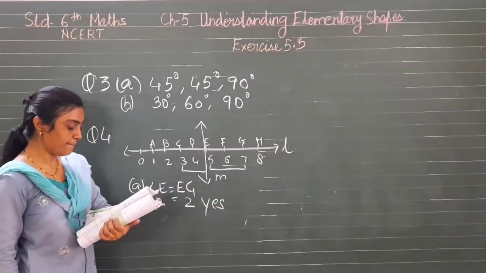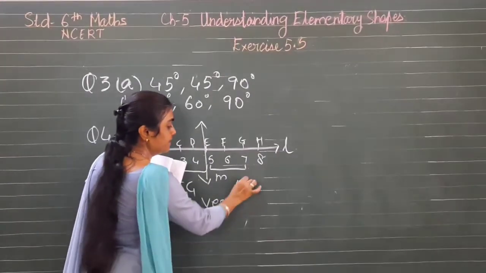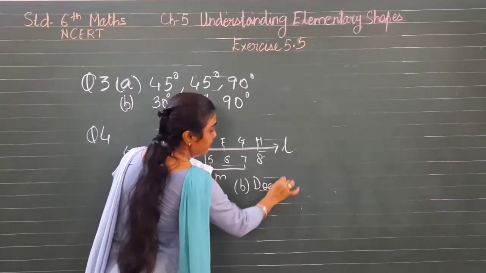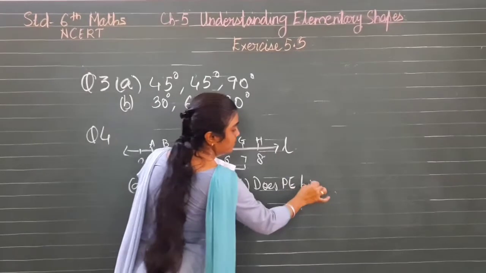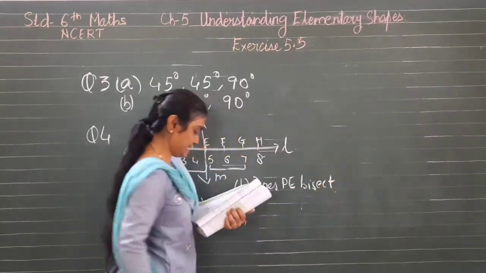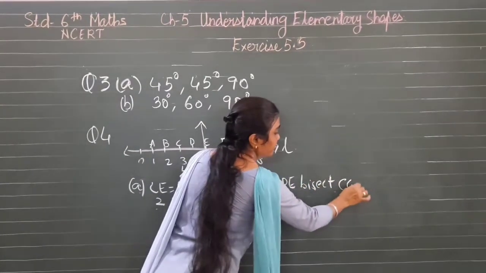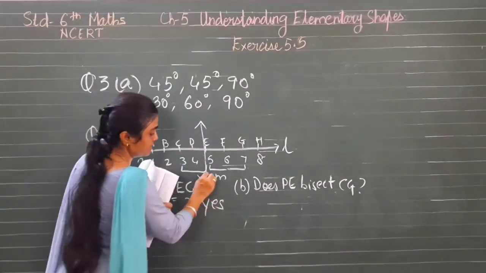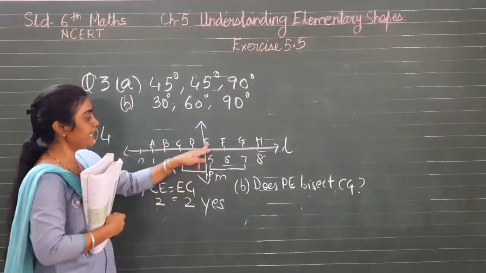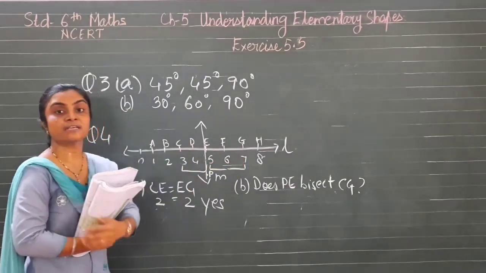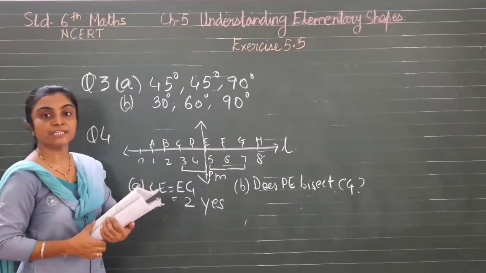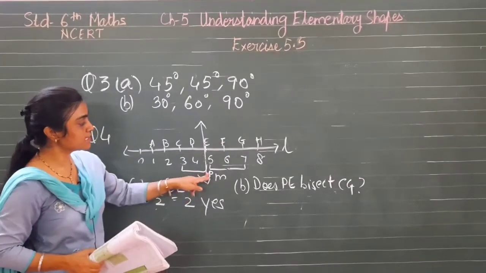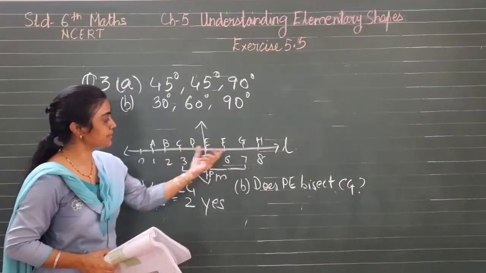Now let us see B. Does PE bisect CG? Now this is PE point. Bisect means to divide a line segment into equal parts. So this is PE and this is CG.